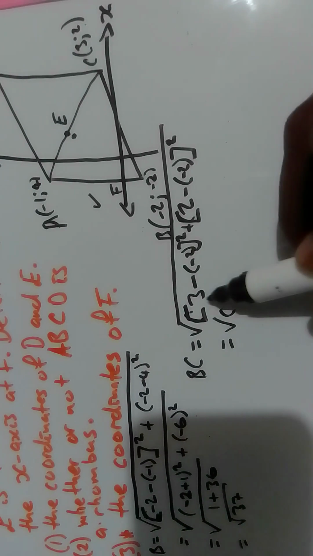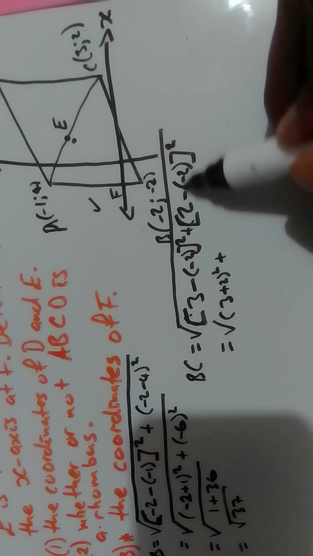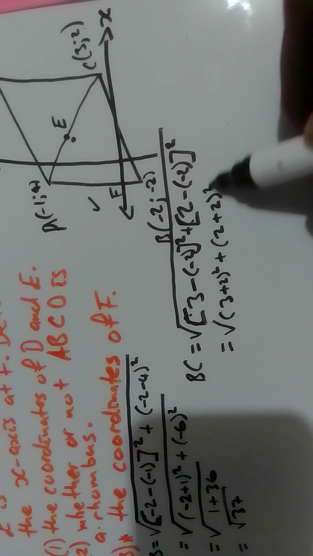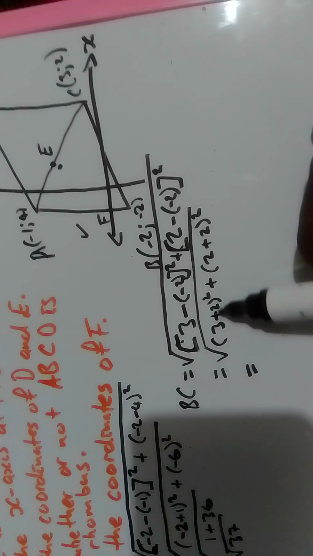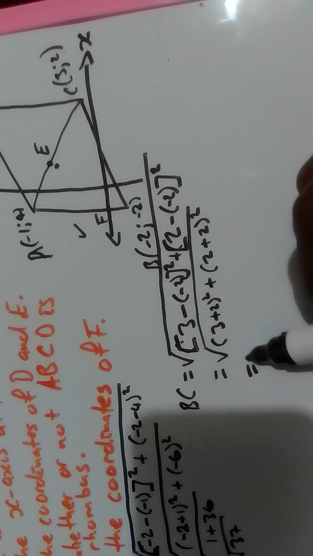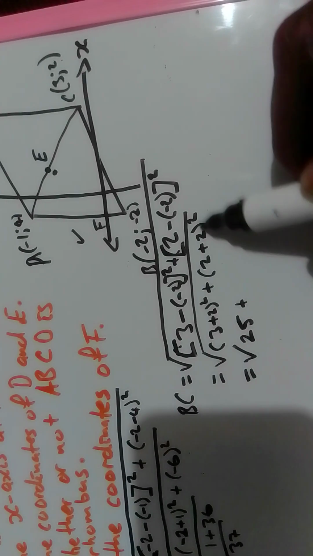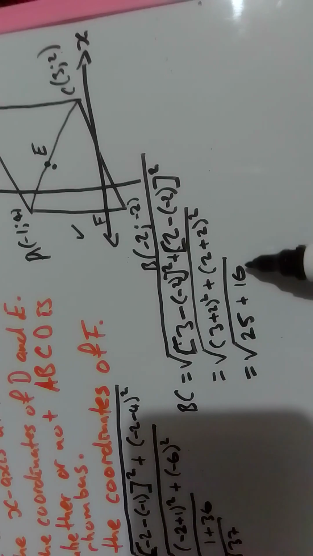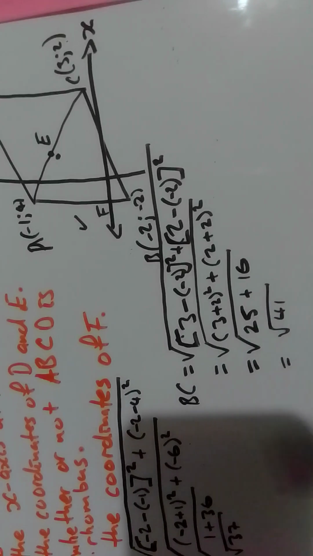So now I've got open bracket 3 plus 2 squared plus negative negative, it's a positive, open bracket 2 plus 2 squared. And obviously 3 plus 2 is equals to 5, and 5 squared is equal to 25. So I've got 25 plus 2 plus 2, 4. 4 squared is equals to 16. Now I've got 25 plus 16, which is equal to 41. I've got square root of 41.